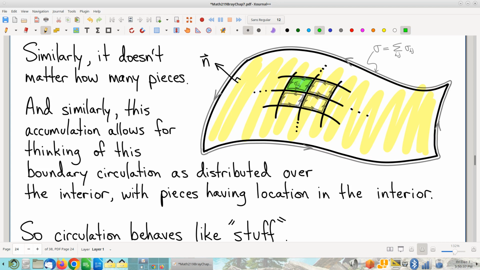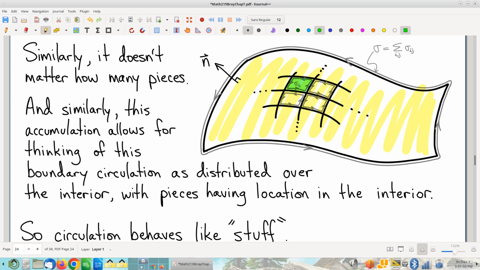The same is true for any accumulating quantity, and in particular, it's true for boundary circulation. The boundary circulation of the whole is the sum of the boundary circulations of the parts. If you want to know how much of the yellow boundary circulation comes from the green region, same deal.